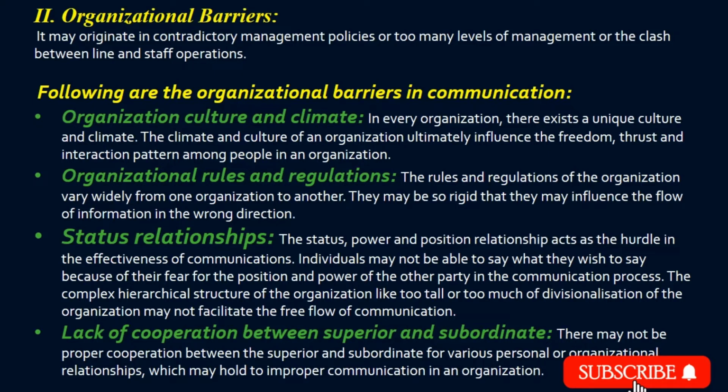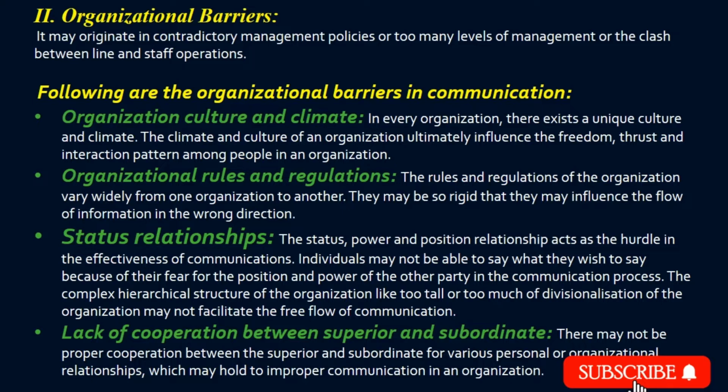And the next one is lack of cooperation between superior and subordinate. This is a very interesting barrier. We can find this in most organizations between the superior and the subordinate, that is, the higher authority and the head of the department and the subordinates.